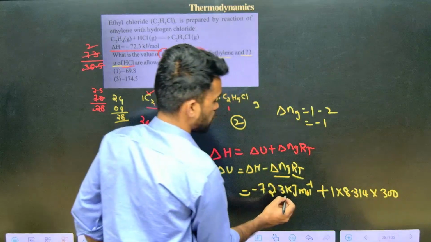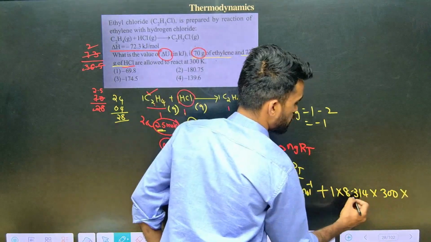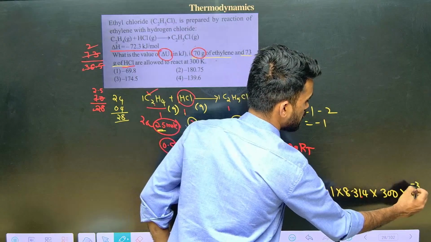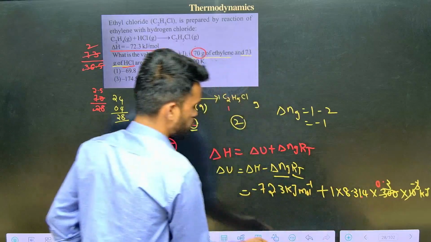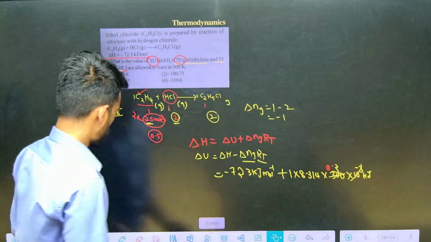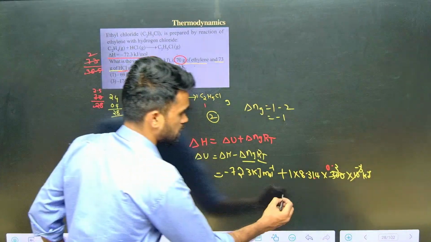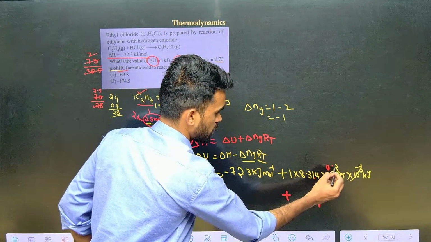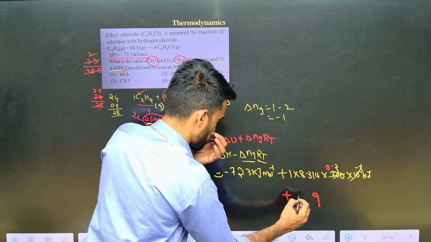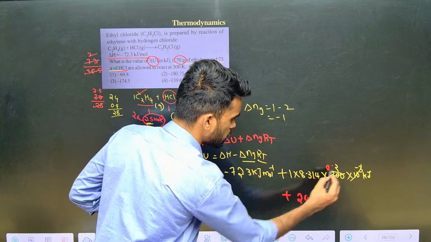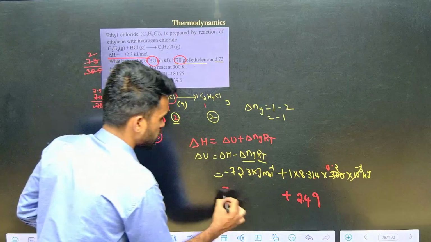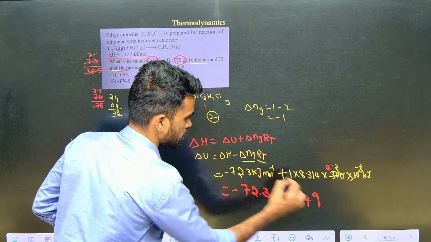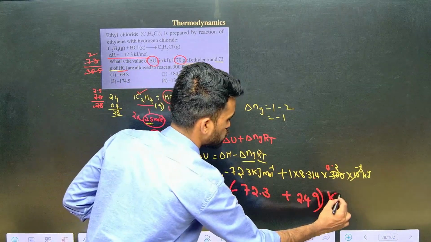Here it is in kilojoules, so you should take 8.314 into 10 power minus 3 kilojoules. This becomes 0.3, so 8.3 into 0.3 we got. 3 3s are 9, 3 8s are 24. Around 2.49 will be your answer here. This will be 72.3, in terms of kilojoule per mole.